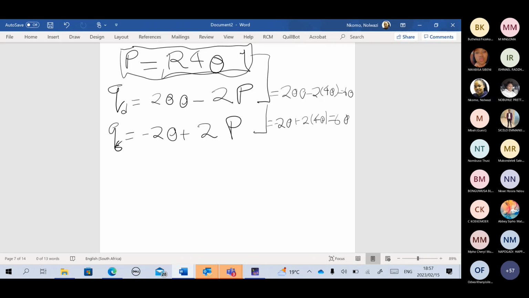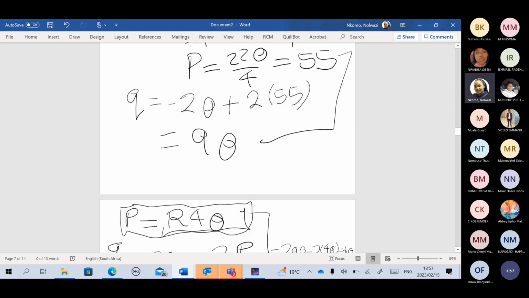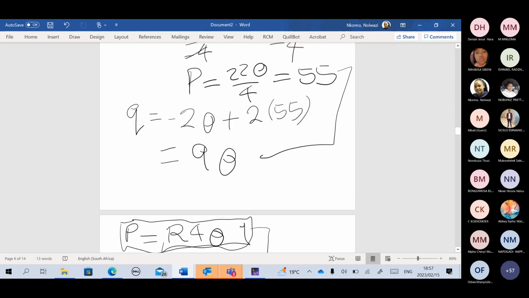Okay. This means the quantity demanded is higher than the quantity supplied at this price. Because remember, at equilibrium, the quantity demanded or supplied is 90.